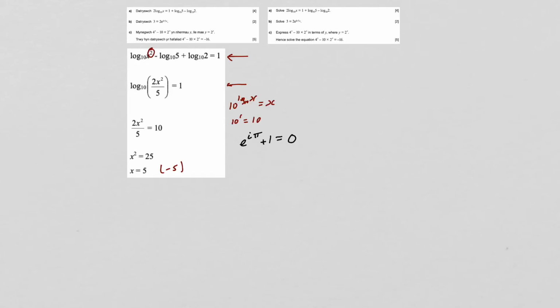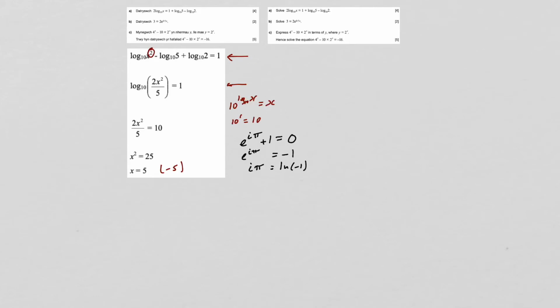But if we look at what we can do with Euler's formula, we can express it as e to the i pi equals minus 1. And then if we take logs of both sides, we get i pi equals log of minus 1.